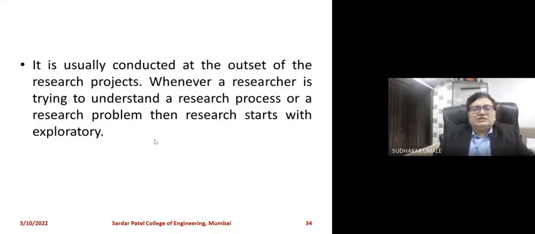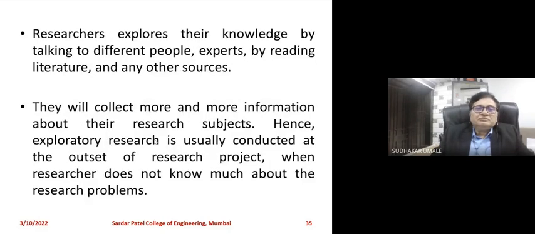It is usually conducted at the outset of the research project. Whenever a researcher is trying to understand a research process or a research problem, the research starts with exploratory research. Researchers explore their knowledge by talking to different people, experts, by reading literature and other sources.